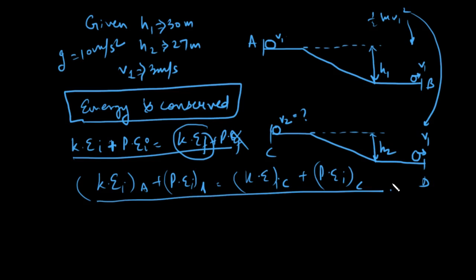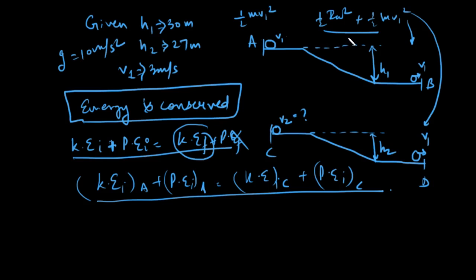So, what is the kinetic energy of A? Kinetic energy would not only be half m v1 square. And here I forgot to mention that final kinetic energy would also consist of half I omega square. I is the same, omega is the same since the radii are the same because the discs are identical.